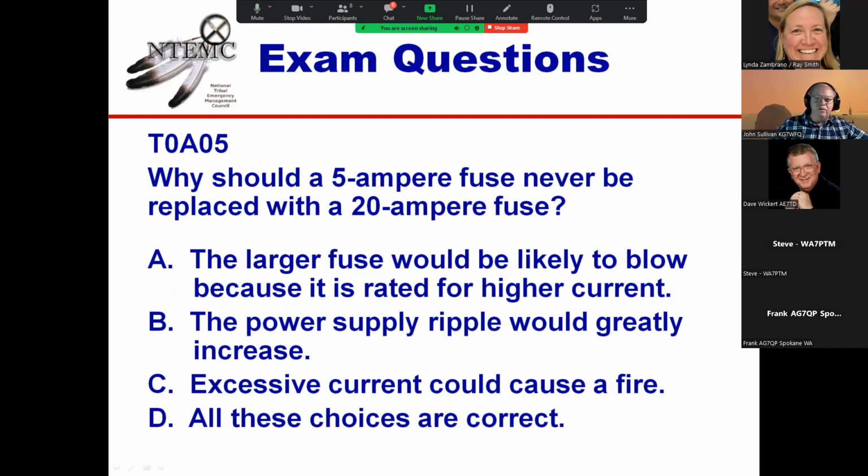So A, the larger fuse would be likely to blow because it is rated for a higher current. No, that's the exact opposite. The power supply ripple would greatly increase. Now, that's the red herring. And we already know that A is not true, so D cannot be true. The answer is excessive current could cause a fire.